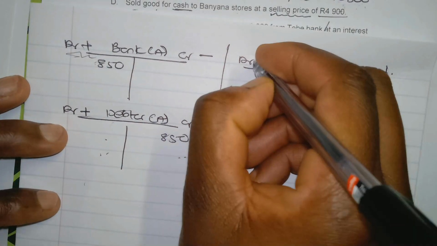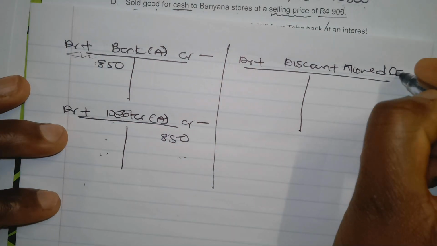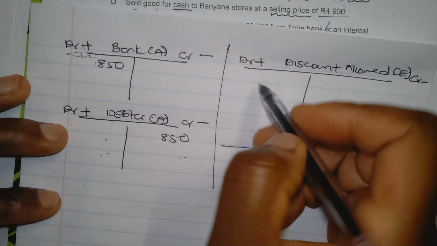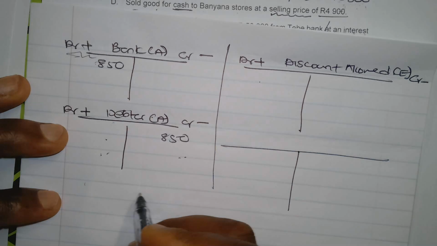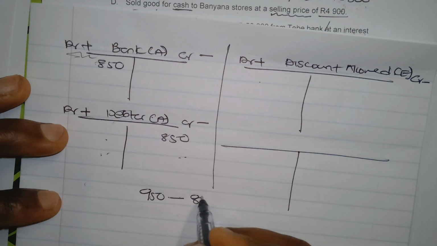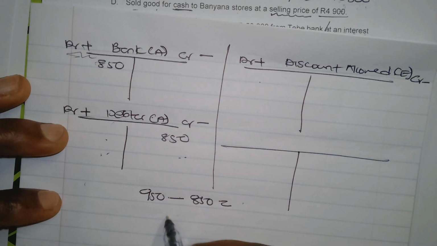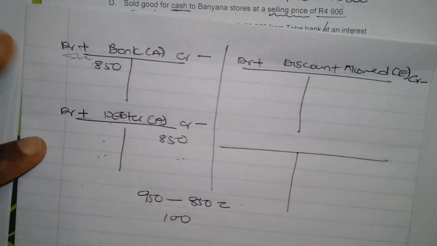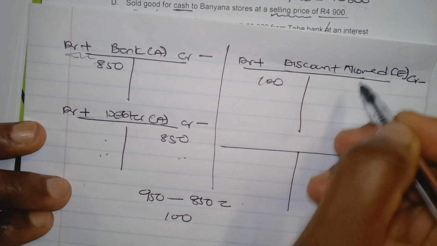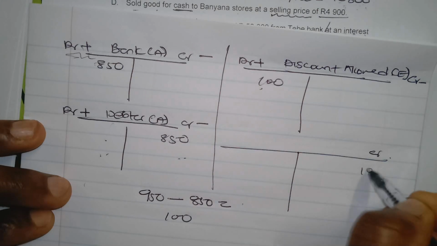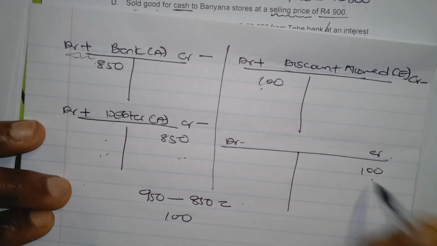Now, discount allowed is an expense, right? So this guy was supposed to pay 950, but they paid 850. So what was the discount? The discount was 100 rand. So I record under discount allowed an amount of 100 rand, and then we take that to the credit side.